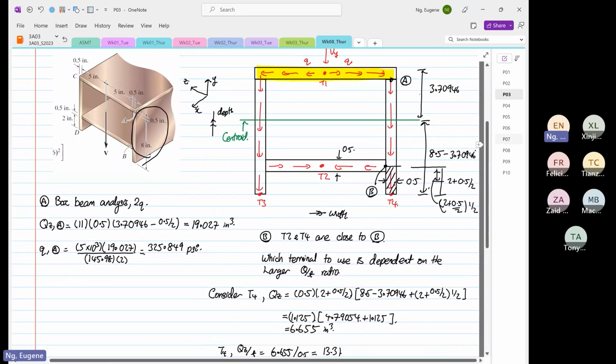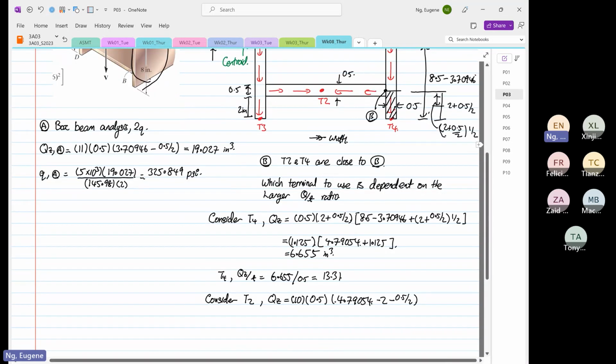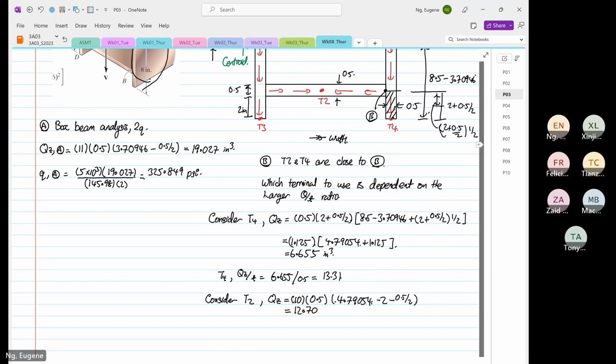Because over here is 2 inches, and over here is 0.5, so you divide by 2. So this will be equal to 4.79054 minus 2 minus 0.5 divided by 2, times 0.5 times 10. So it's 12.703, inches cubed.